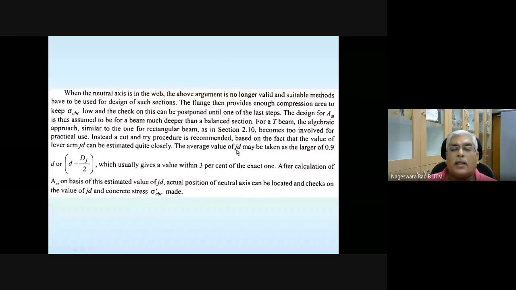The important point that I want to bring to your attention before we look at a worked-out problem is this one.